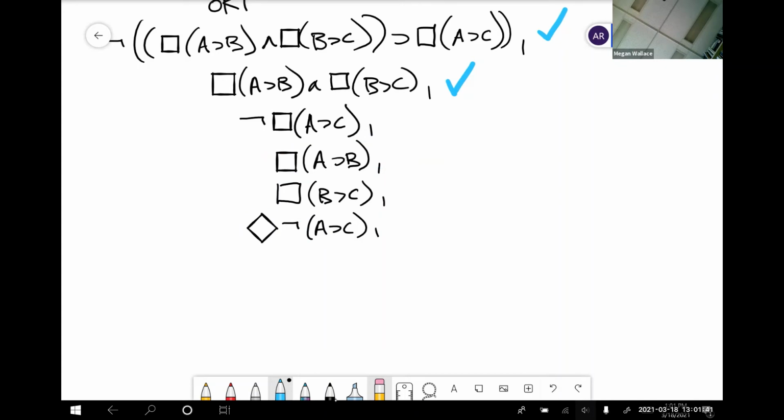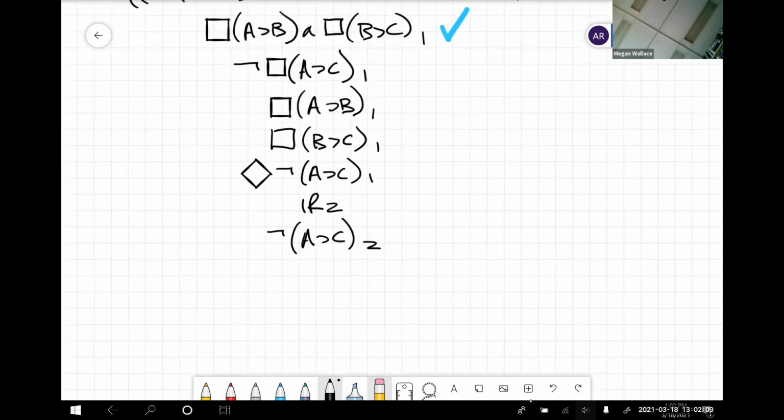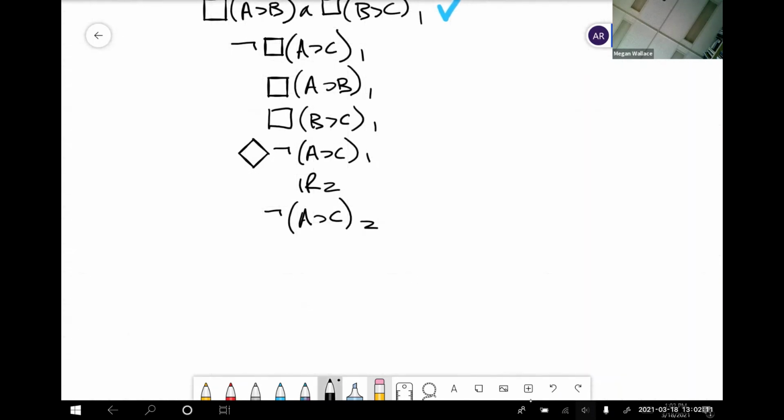So that means that we can apply a possibility rule. So we can introduce a world, 1 can see 2, and it's not the case that A then C is true at world 2. Once we've got that, you can then apply the negated conditional rule. So we get A at 2 and not C at 2.